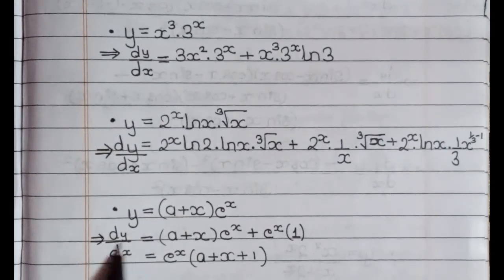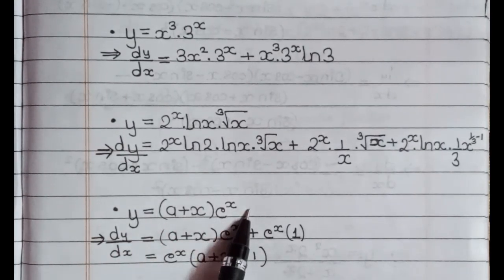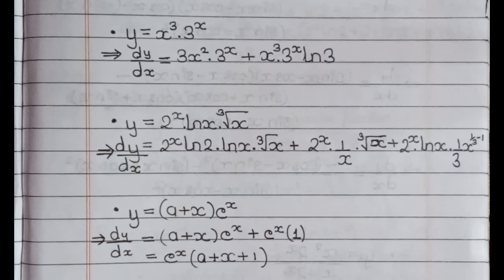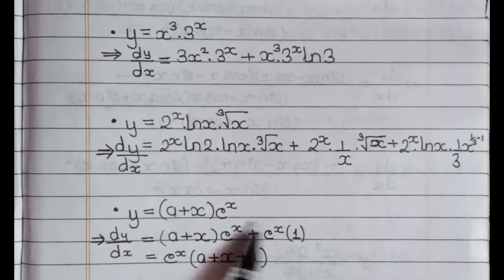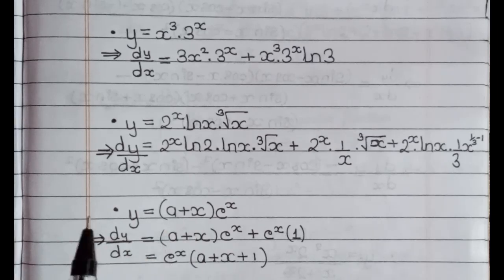Next is y is equal to (a plus x) bracket into e power x. So this is our first function and this is our second function. Differentiating, dy by dx is equal to, let's keep a plus x as constant. So (a plus x) e power x, e power x differentiation is e power x, plus now keep e power x as constant, and now here apply the third rule which states differentiate each term differently.